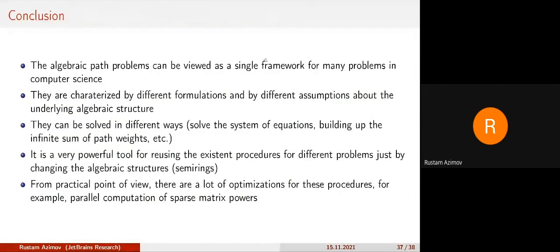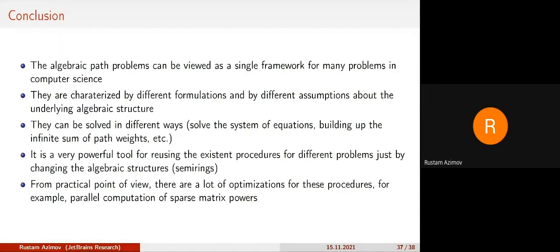And in conclusion, I want to say that the algebraic path problems can be applied for many problems in different areas. It's really easy to reuse many of canonical algorithms by just using different semirings or other algebraic structure, and these algorithms are different.